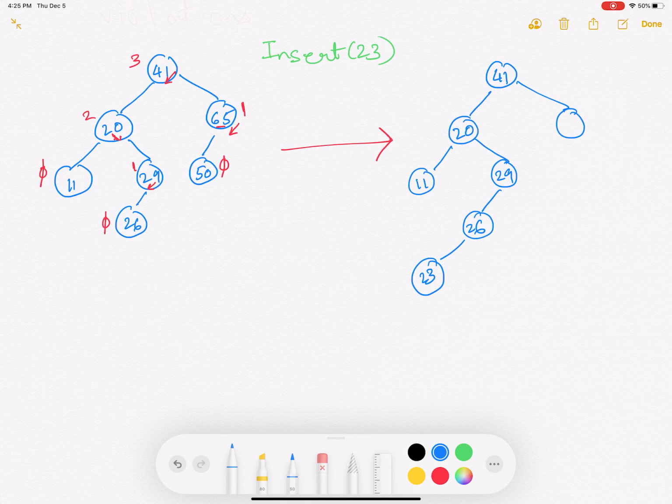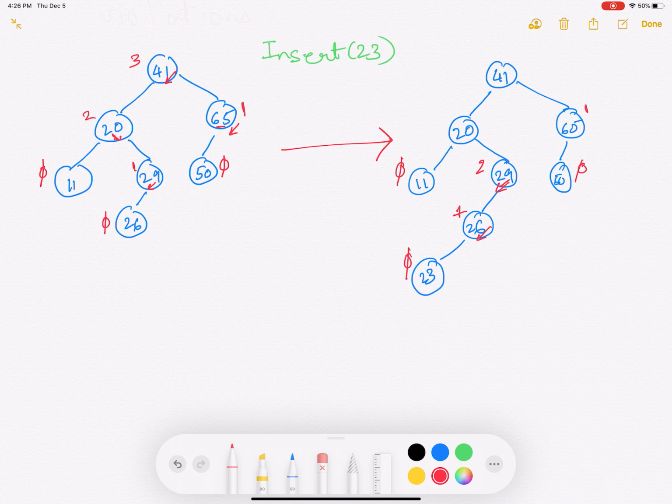And you'll have 65 and 50. Putting the heights here, this is 0, this is 0, this is 1, and it's going to be left heavy, and this has a height of 2 and 29 is right heavy. You can just put the heights here.